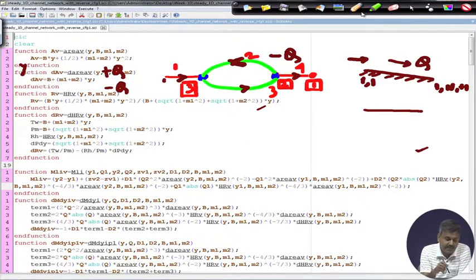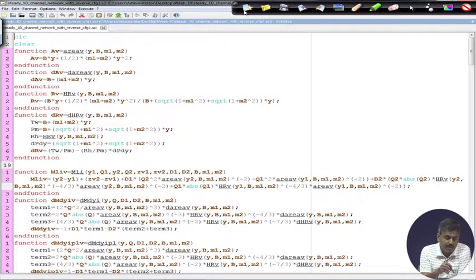Now in this case, the first line starts with CLC, next line is clear, that means clearing the console and clearing all variables here. Next one is area calculation, this is dA by dy calculation, this is general one for trapezoidal section.